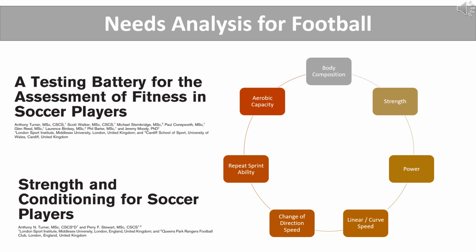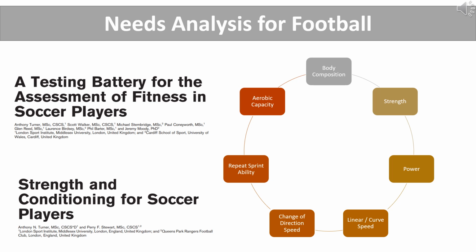So the rest of this presentation is now going to go through each of those 7 different components, offering information on the different laboratory and field-based tests that we can use, their usability and their general association with other independent measures of physical performance for the sport of football.